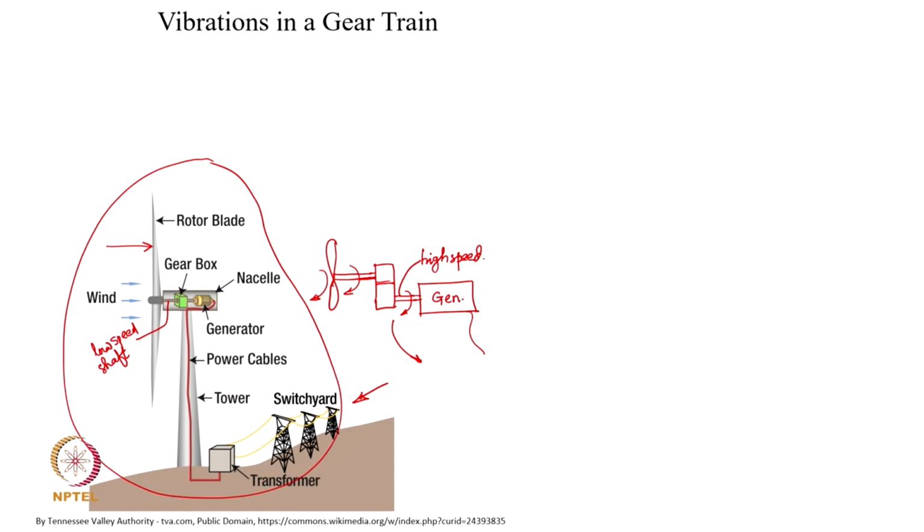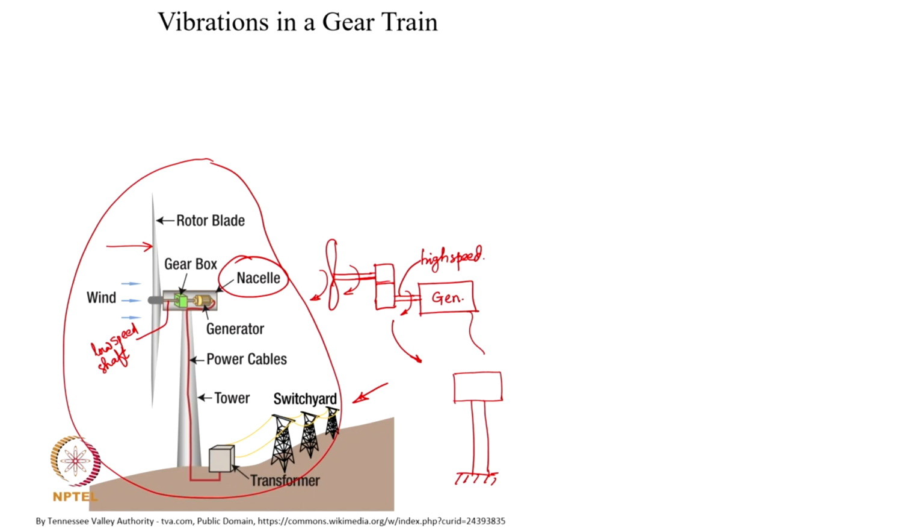Now, we are going into finer details. For example, in the initial lectures what we saw is that this entire nacelle, which is sitting at the top of this vertical column or a tower, we treated as a simple single degree of freedom system, is it not? Now, as an overall system, this is fine to start with.